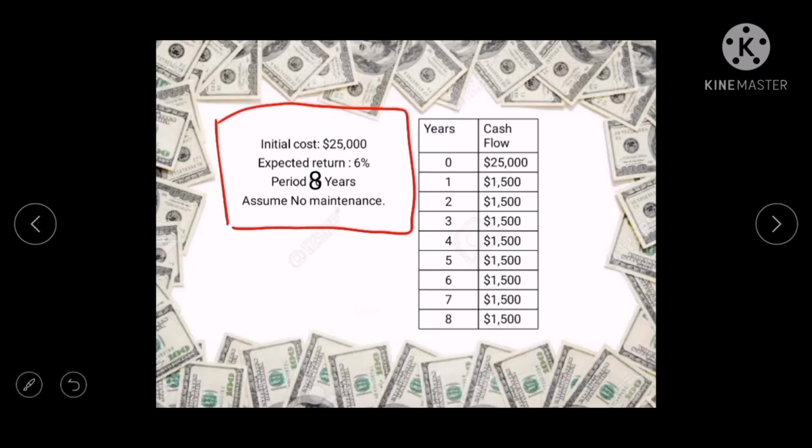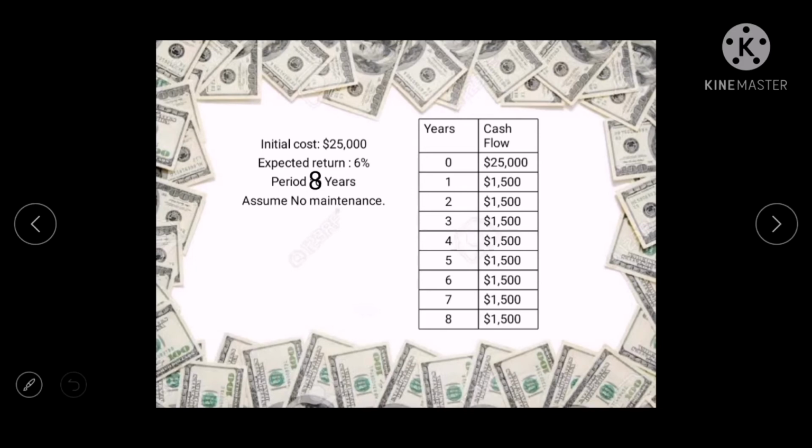Period 8 years, and assume no maintenance. So our first step to this problem is to determine the identity of each transaction. We can do this in simple form using a table.